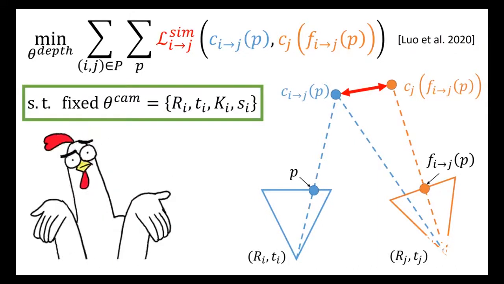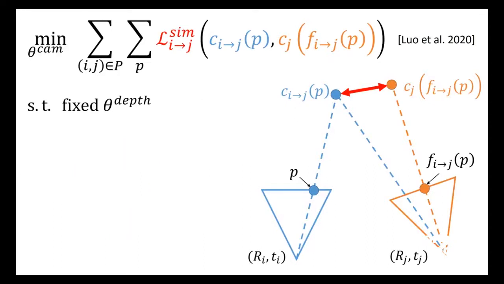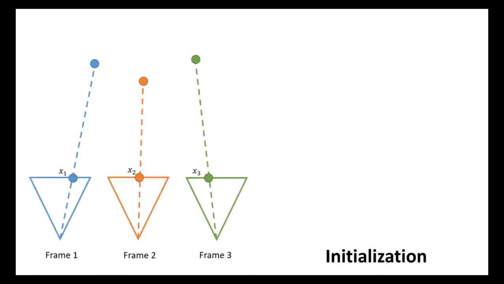So our idea is to take this formulation, but reverse the roles of the depths and the camera. Instead of fixing the camera parameters and estimating the depths, you fix the depths and estimate the camera parameters. All right, so how does this work? Let's use this 3-frame image as an example here.